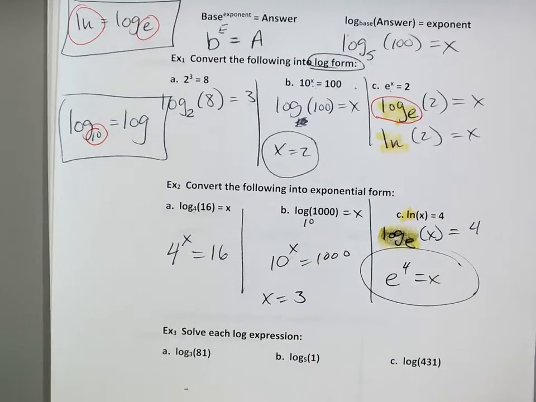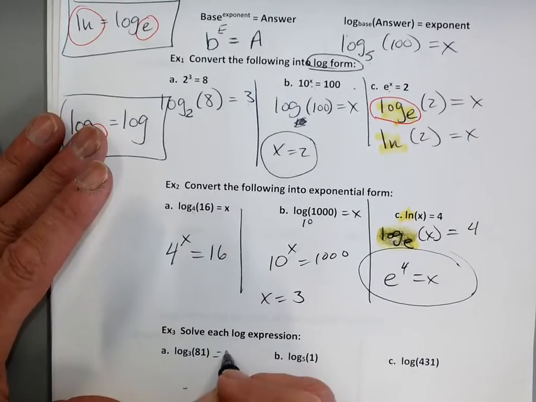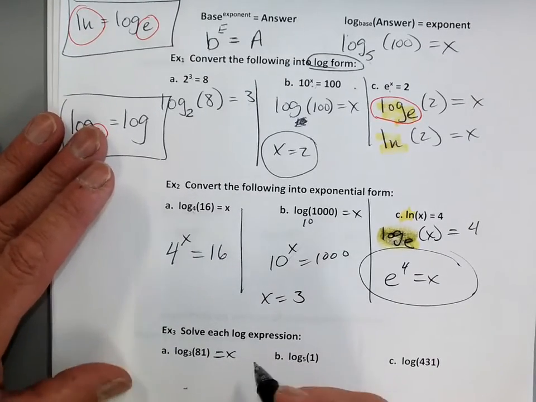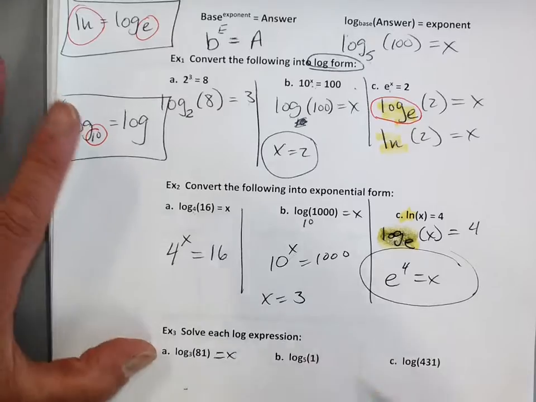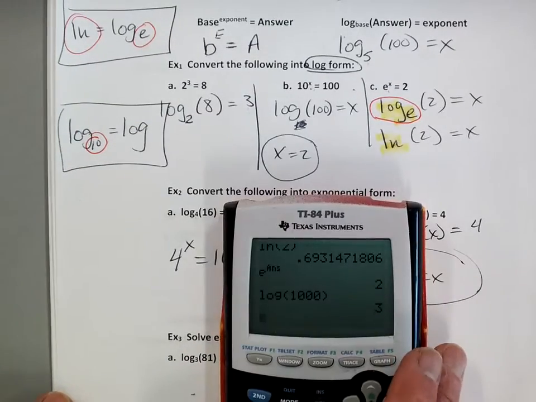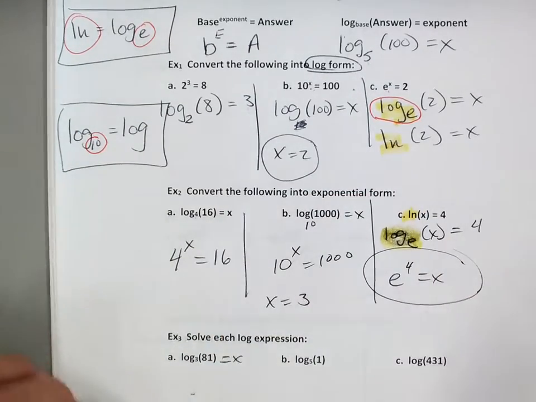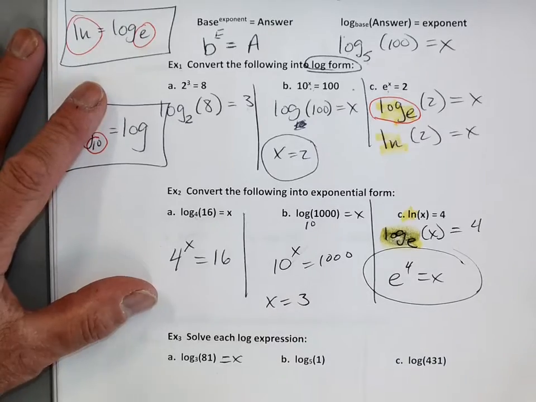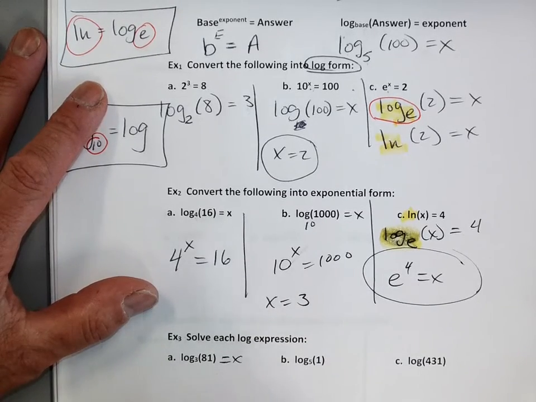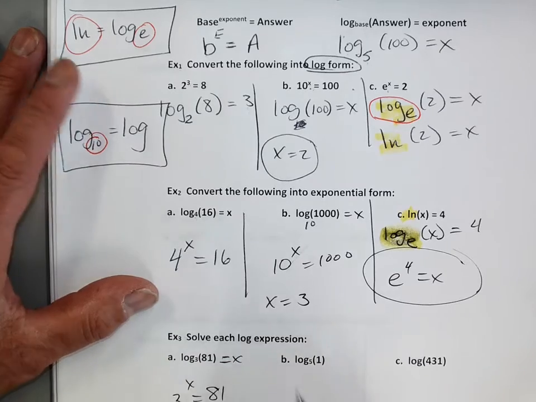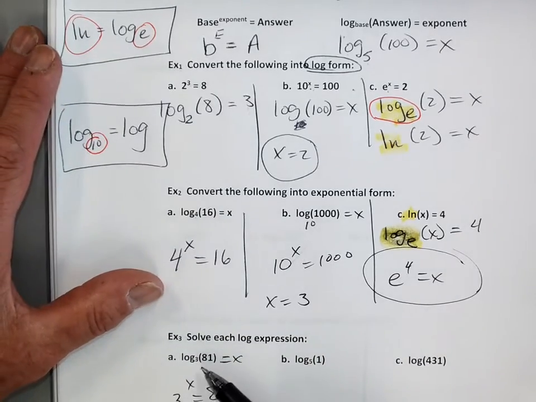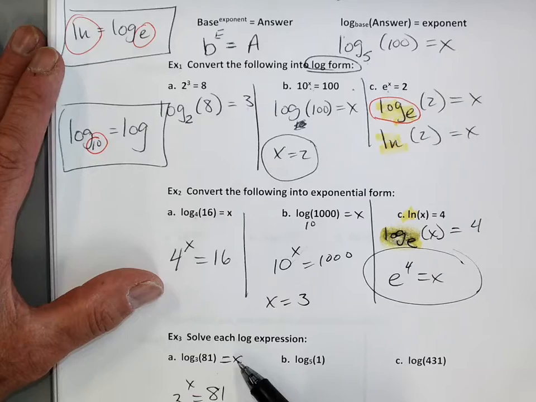Now solve each log. Well, one way is to use a calculator, the other is to use our brain. I'm going to use my brain because I'm smart, and so are you. You don't have a special calculator, so we're going to go 3 to the x power equals 81. So I changed it to exponential: the base to the x power. 3 to the x power equals 81.